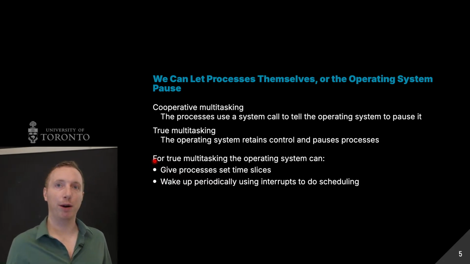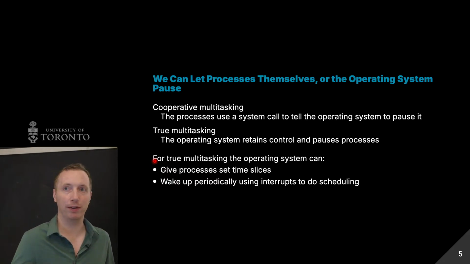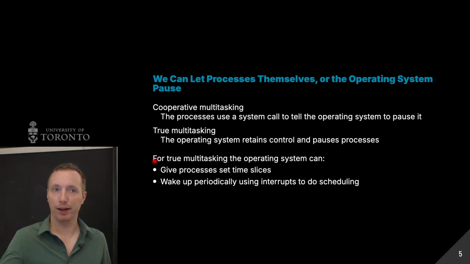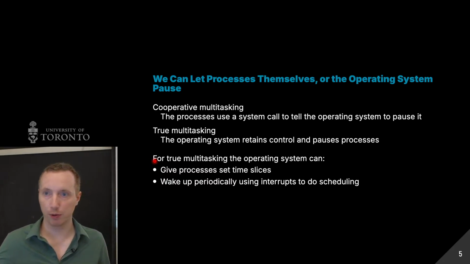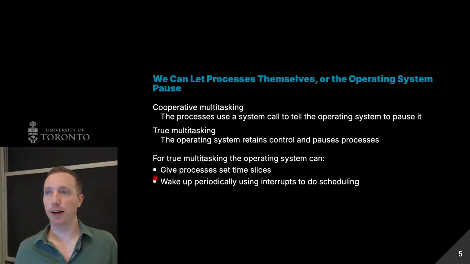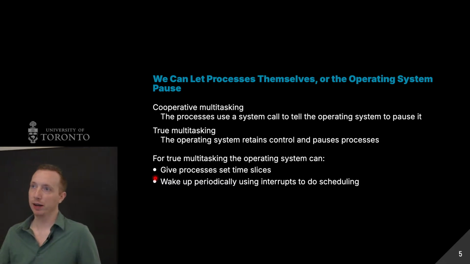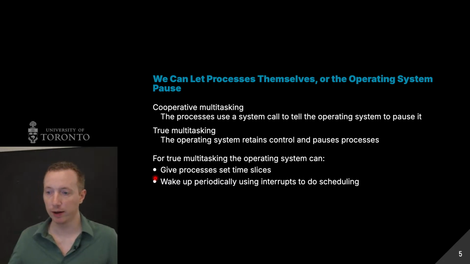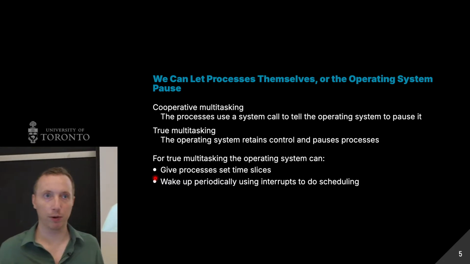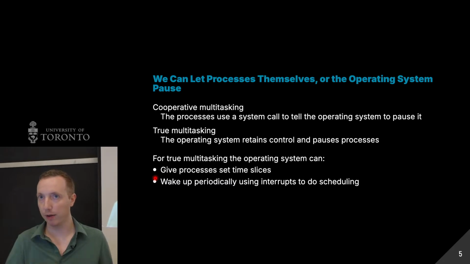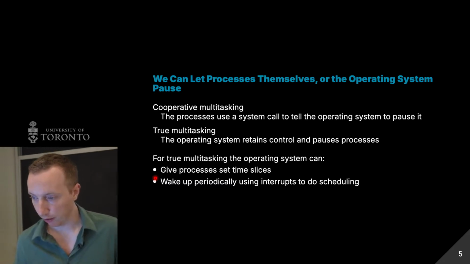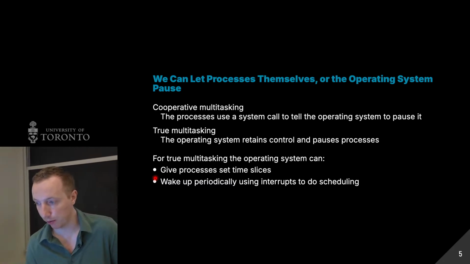You can give processes set time slices, so they just get 100 milliseconds, and whenever they're done, you get control back. Or the kernel can set its own interrupts so that it gets interrupted whenever it wants, and then it gets control back and can tell the current process to just stop running. Those are two ways to maintain control at the kernel level.